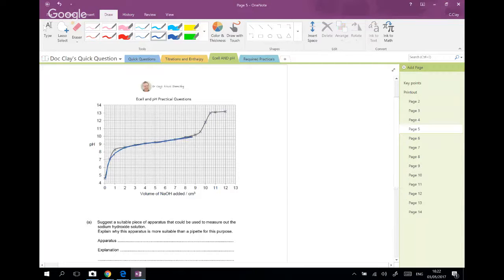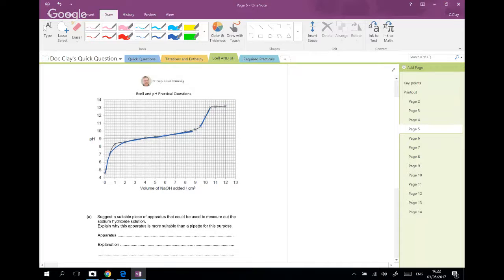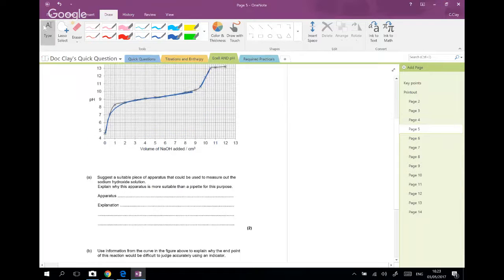We've then got our plateau, and here's our end point in the titration. Suggest a suitable piece of apparatus that could be used to measure out the sodium hydroxide solution. When you're doing a titration, you're going to use a burette. The reason for that is because you can add varying volumes in the burette. A pipette only gives you 1 accurate volume.